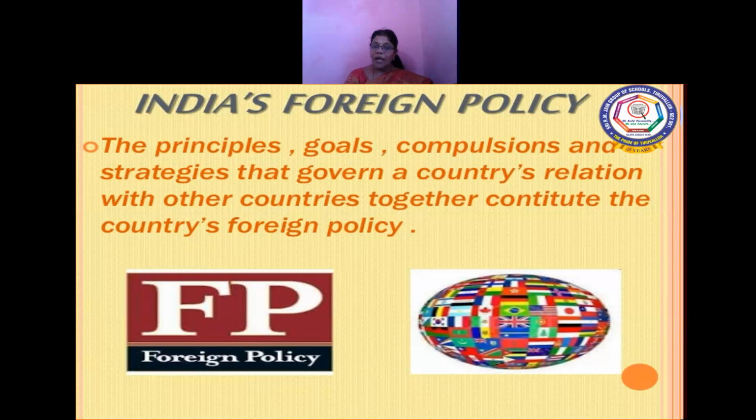An objective and goal-oriented foreign policy has the potential to achieve improved relations with other nations and accelerate growth. The main tools of foreign policy are treaties and executive agreements, appointing ambassadors, foreign aid, international trade, and armed forces.